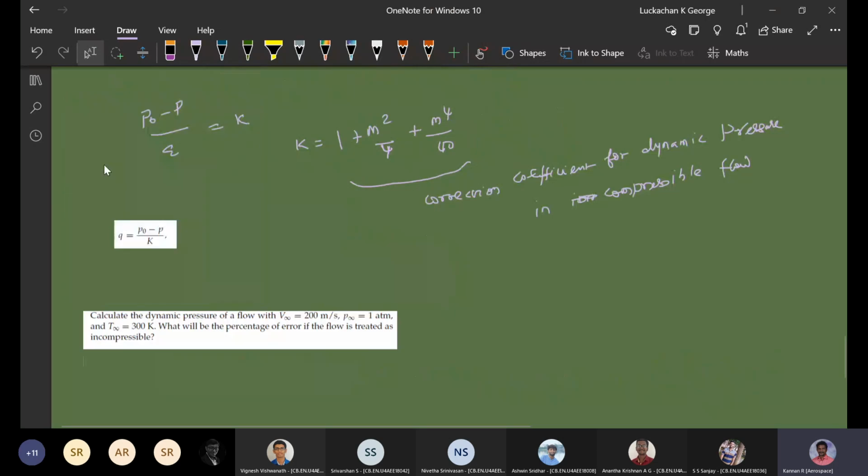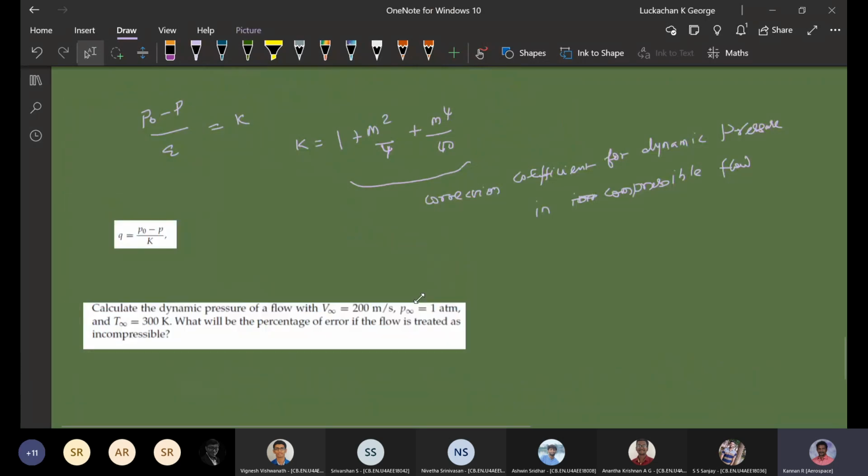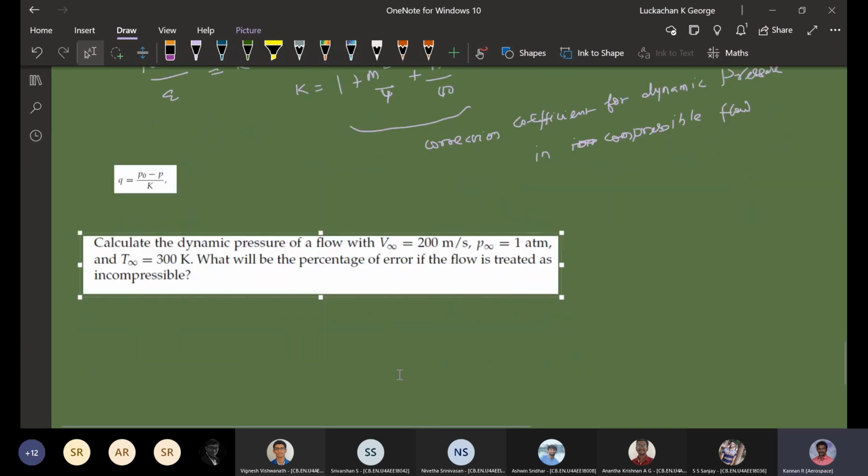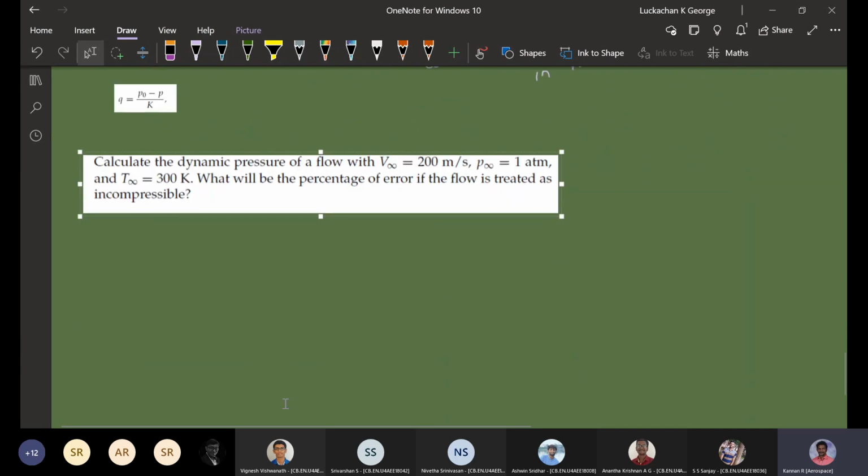Can you solve this problem? Calculate the dynamic pressure of a flow with a velocity V infinity equal to 200 meter per second, P as 1 atmosphere, T as 300 Kelvin. What will be the percentage of the error if the flow is treated as incompressible flow? Can you do that?